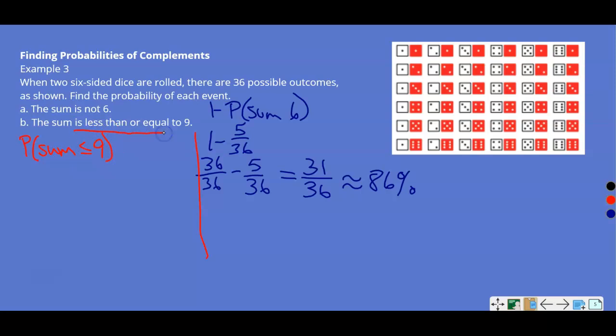We can write that as a complement as well. So it can be 1 minus the probability of the sum greater than 9.